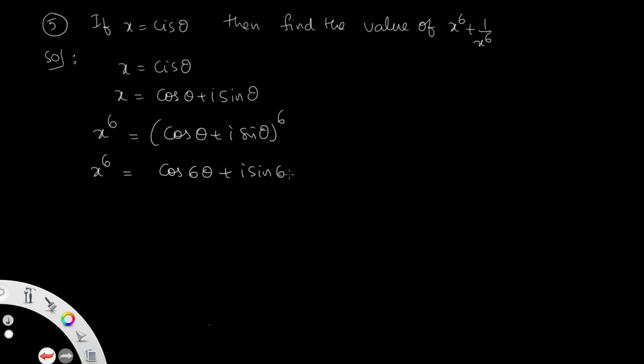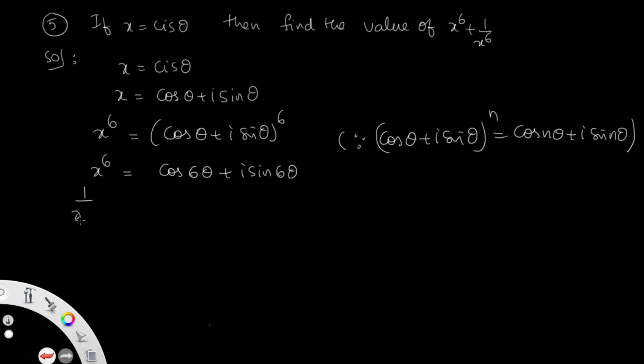Why? Because (cos θ + i sin θ)ⁿ is nothing but cos nθ + i sin nθ. This is the formula. 1/x⁶ is nothing but cos 6θ − i sin 6θ.